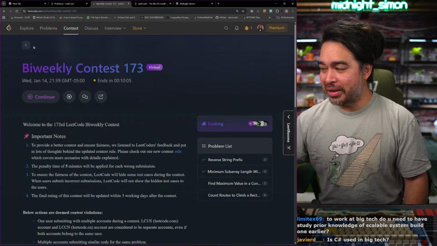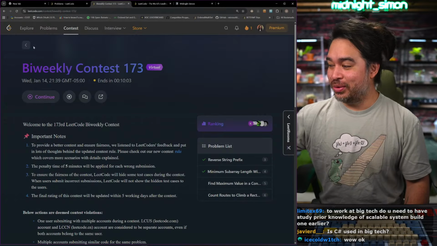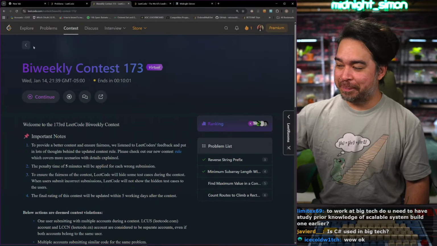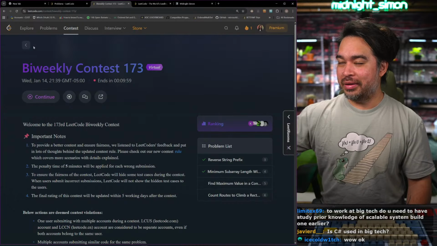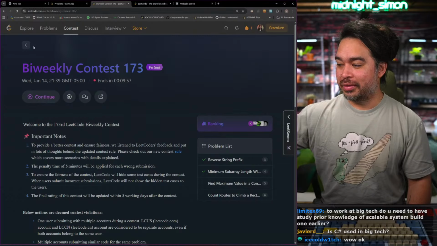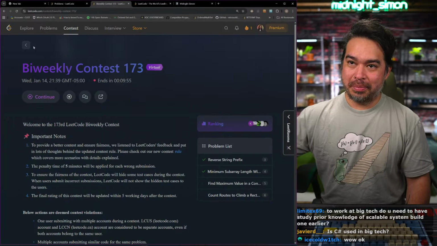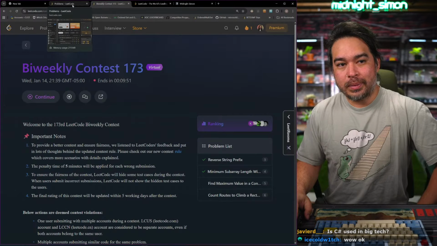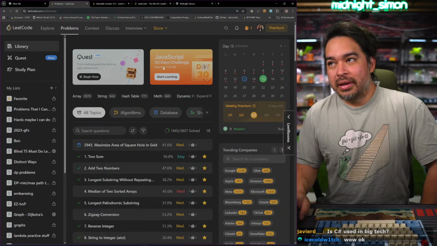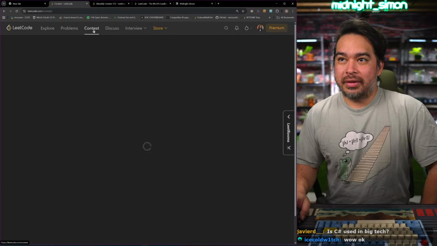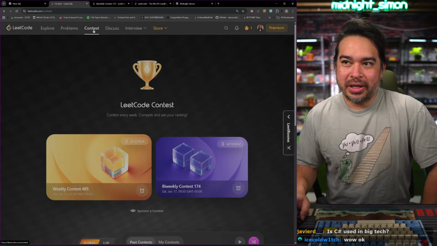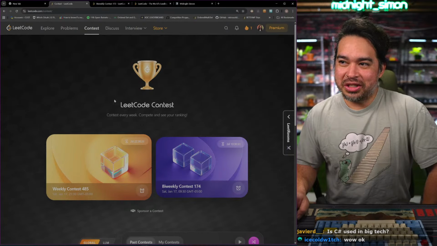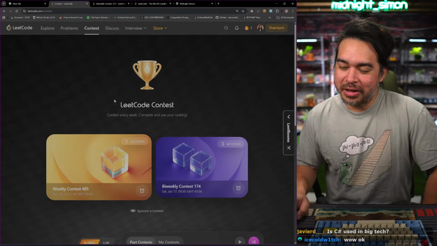C# used in big tech? I'm sure C# is used in Microsoft, but I don't know about other places. Did I hear somebody at Google saying they worked in C# one time?